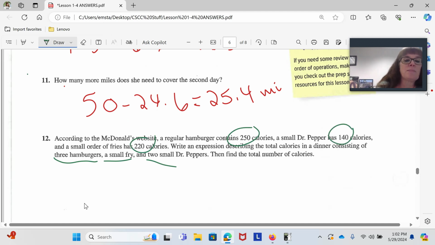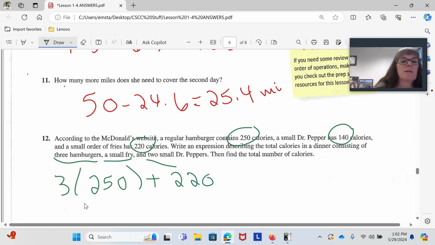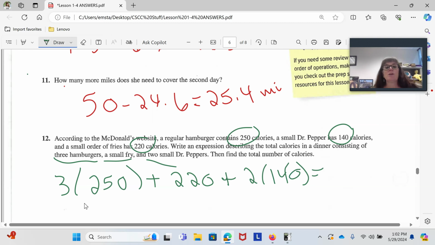So we have 3 hamburgers times 250 calories each, plus 1 small fry, so that's just 220, plus 2 small Dr. Peppers at 140 calories each. You could do this bit by bit, do 3 times 250, 2 times 140, then add all the numbers.